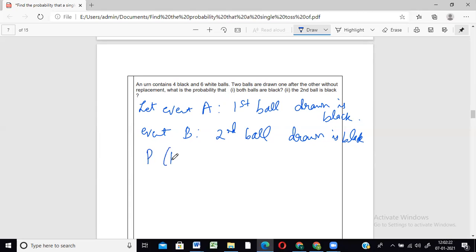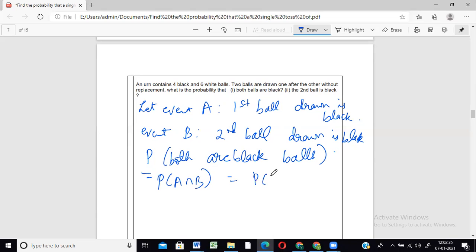So the probability that both are black balls is the probability of A intersection B. This is the formula as I said that we had used last time. I'm just using the same formula. Now what did we do? We found out both the things, correct? We were finding both, probability of A and B.